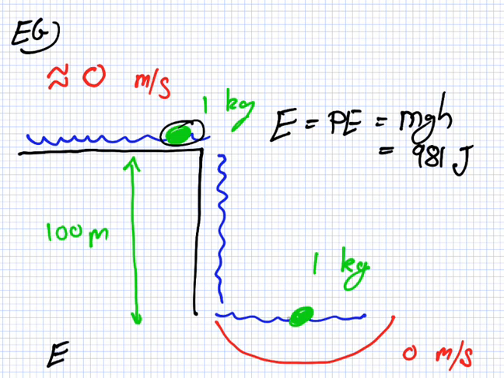Now down below, what type of energy does this have? Does it have potential? No. Does it have kinetic? No. This energy has turned into heat. The water down below is warmer than the water at the top. So this is true: when you have a waterfall, the water at the bottom of the waterfall is warmer than the water at the top.